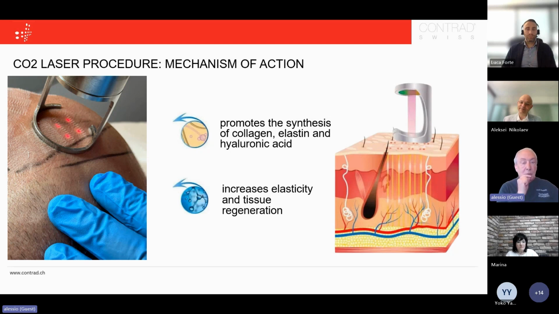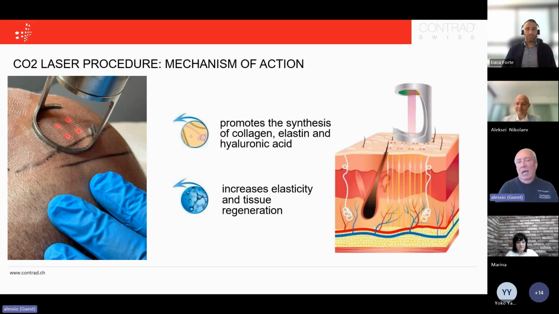biorestructuring procedure. You all know the difference between biorevitalization and biorestructuration. Biorestructuration foresees an injury in the skin that you make, and immediately the skin starts the healing process. The biorevitalization, you know, takes care of the normal blocks, but doesn't foresee any injury in the skin.